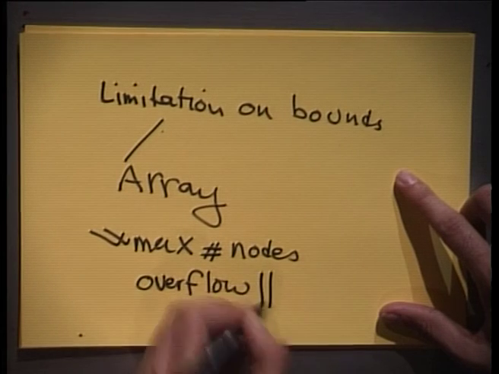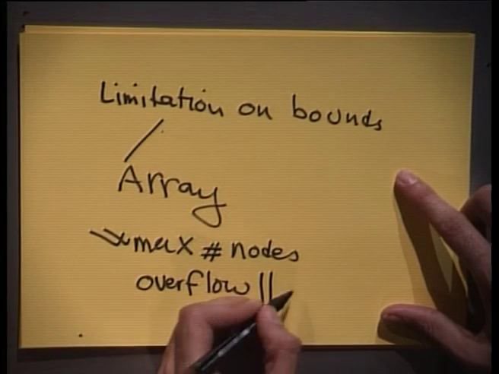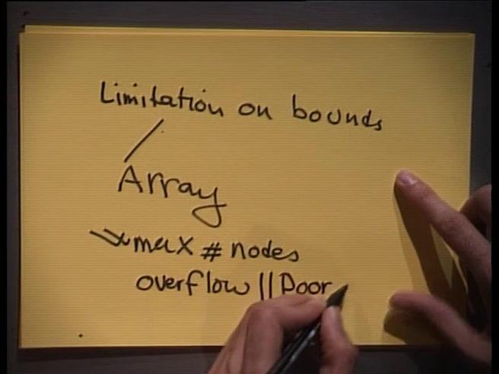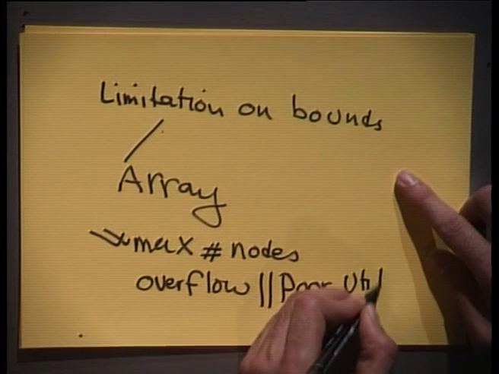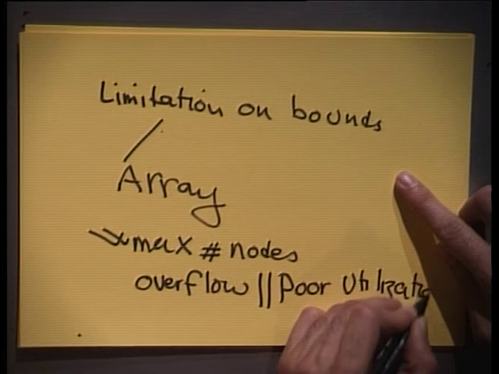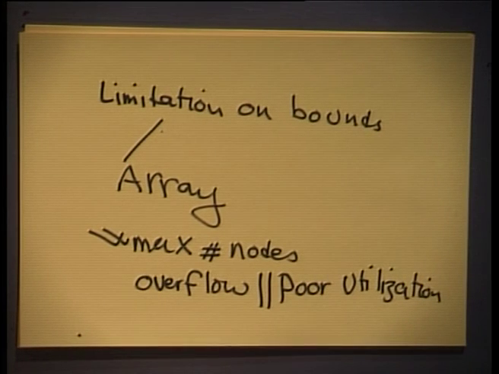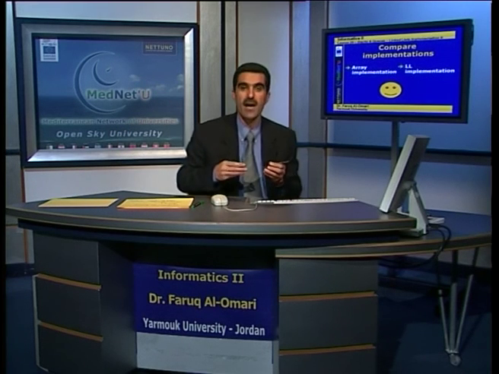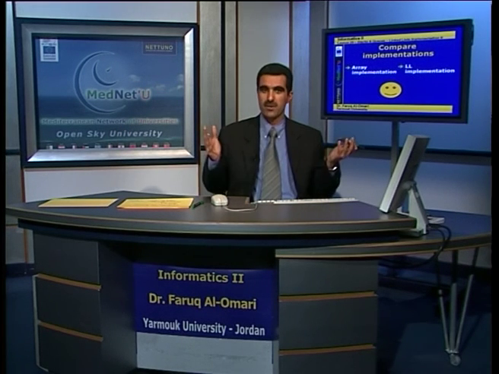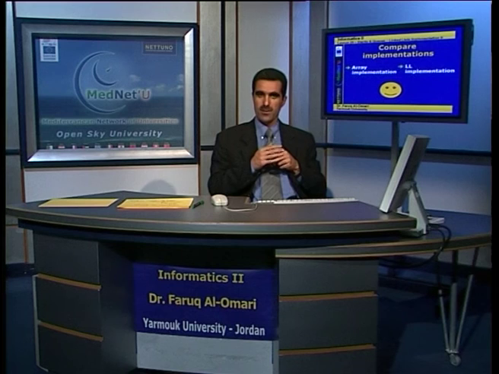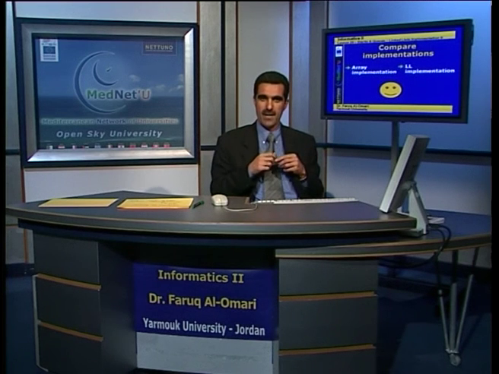And the other problem is poor utilization of the memory, and that's when I have allocated a huge amount of space, and during the execution phase I realized that I don't need that much. I don't have that many customers coming to my stack.